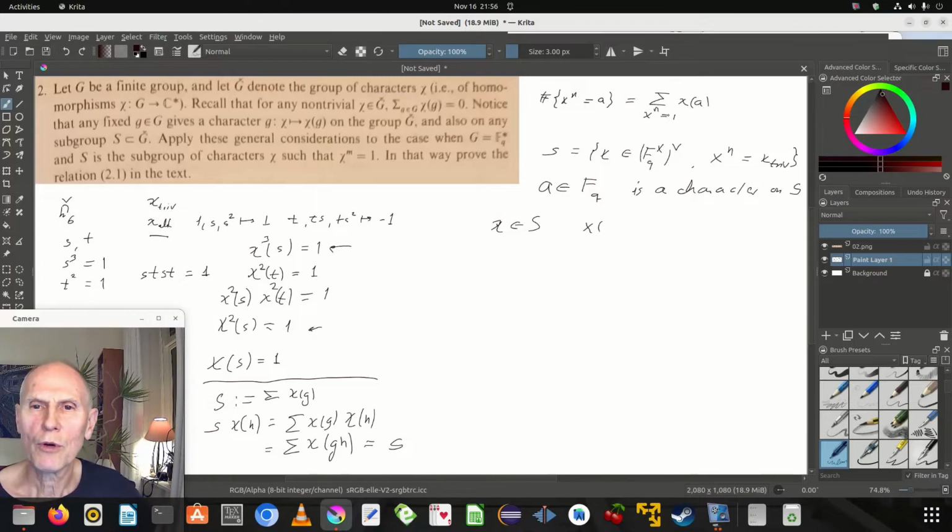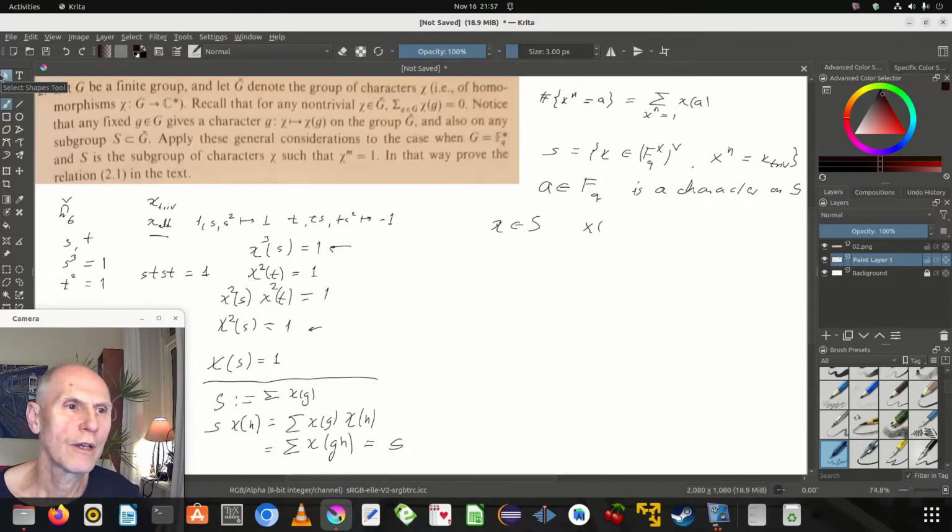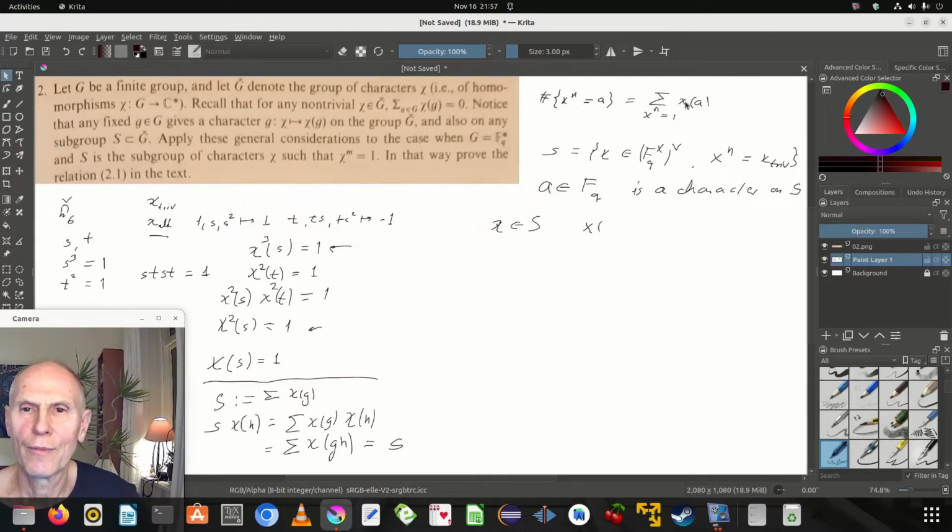So when we sum over all of S, I know it's difficult to see, this is just the sum over S. And it vanishes unless A is trivial.